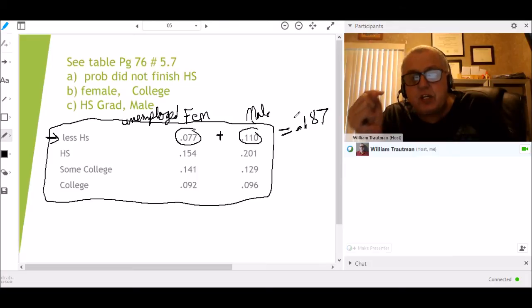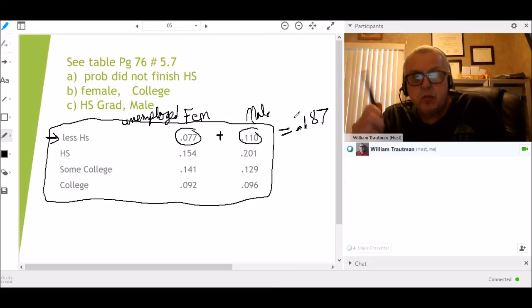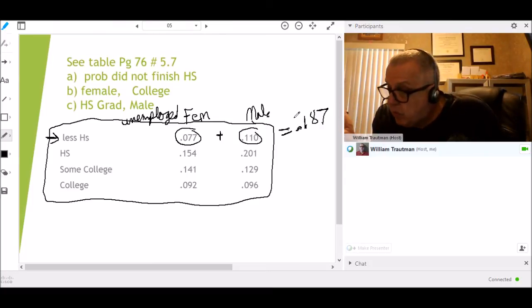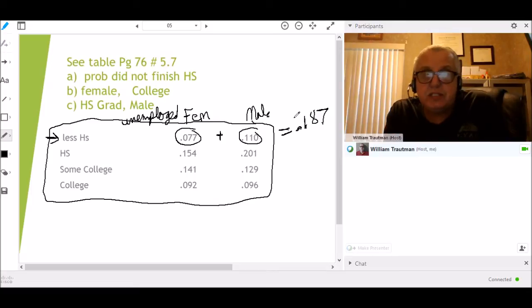Now, I've got a question. So that's the answer, by the way. But what if they want a percentage? It says, what is the probability? Well, the probability is a decimal. Just to show you, you could change any decimal number to a percentage by multiplying by 100. 0.187 times 100 is 18.7%.